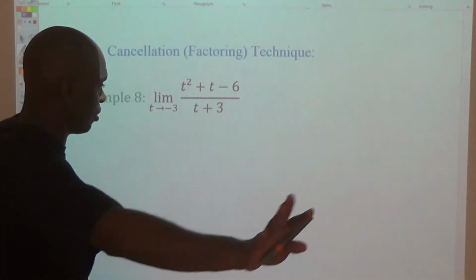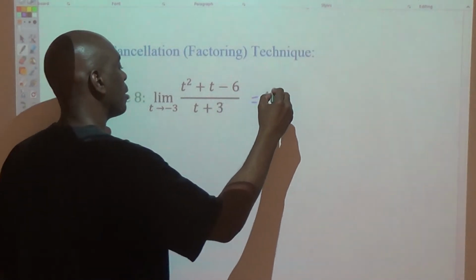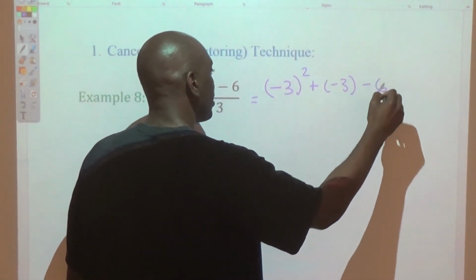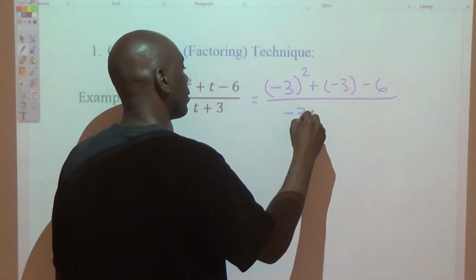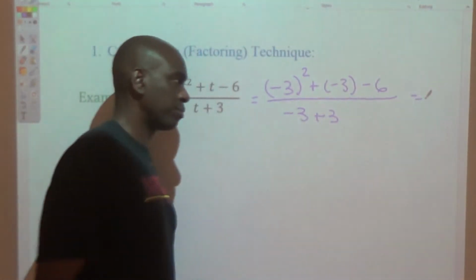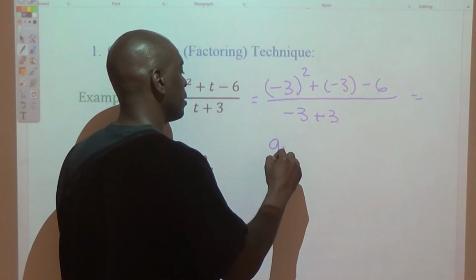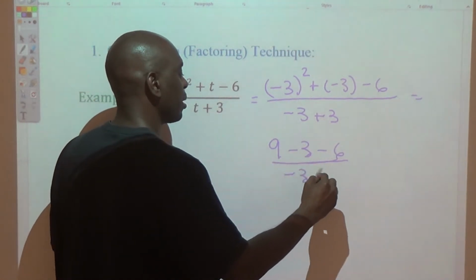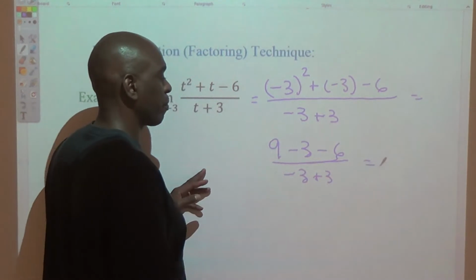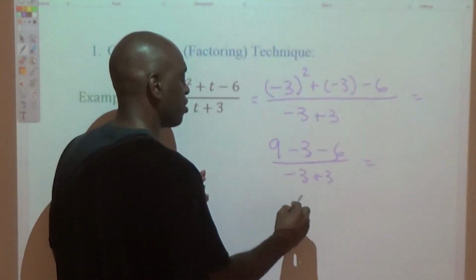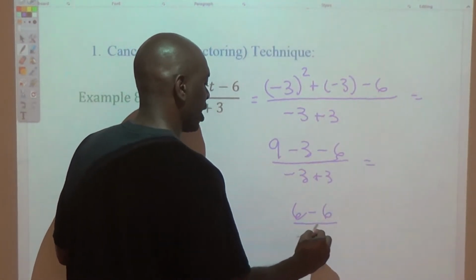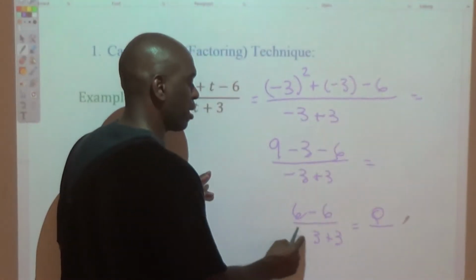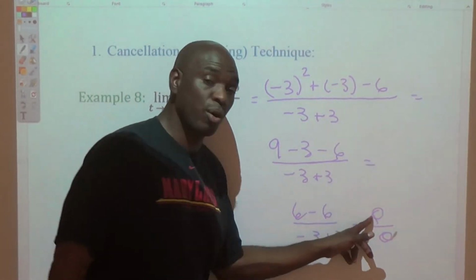This is going to give me -3 squared plus -3 minus 6 over -3 plus 3, which equals 9 minus 3 minus 6 over -3 plus 3, which equals 6 minus 6 is 0, divided by -3 plus 3 is 0, which gives me 0 over 0.